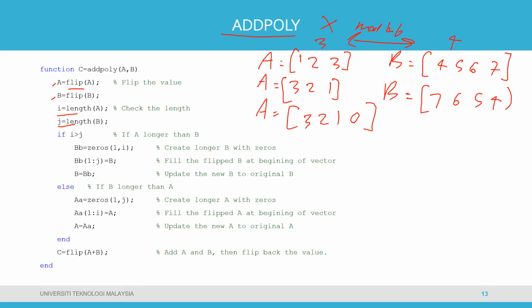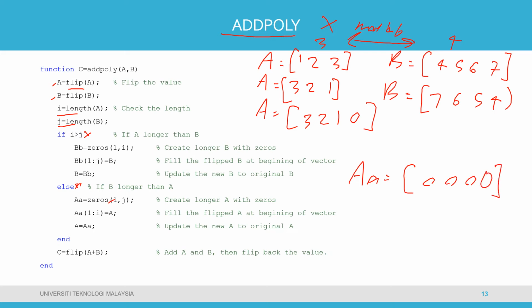To do this, for example here, I is bigger than J, so this is not true. You go to here. So you have to make sure the size of A is larger. First thing, you have to create zeros. So A is 0, 0, 0, 0.